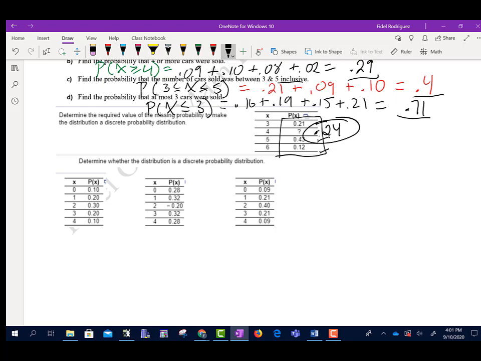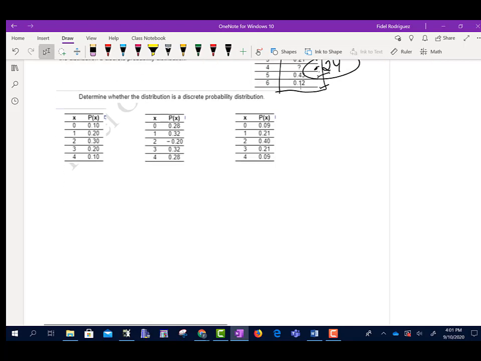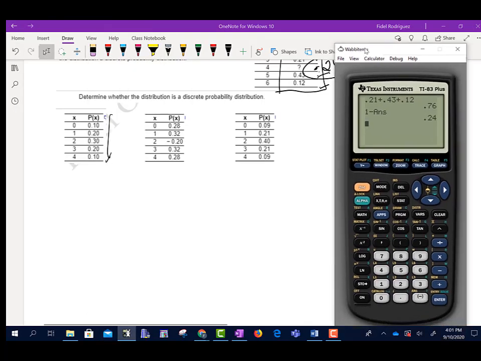All right. So now let's take a look at the next question here. There's 3 parts to it, and it says determine whether the distribution is a discrete probability distribution. Okay. So again, first thing I'm going to do, these numbers here, number 1, they're all between 0 and 1. That's perfect. Number 2, I want to know, do they add up to 1? So let me move this over.